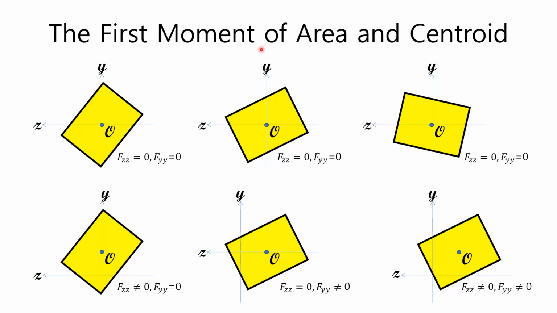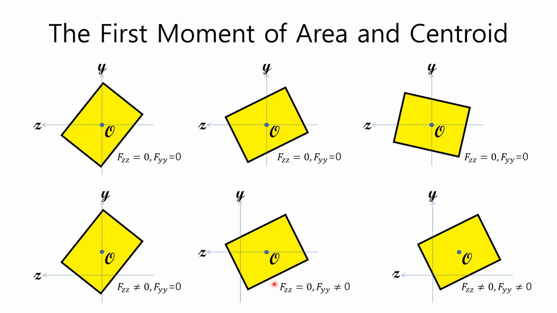Let's take a look at various cases for the first moment of area and the centroid. When the origin of coordinate locates at the centroid, the first moment of area is 0 in any case, as shown in these three cases. When only one axis passes through the centroid, like in this picture, the first moment of area with that axis is equal to 0.